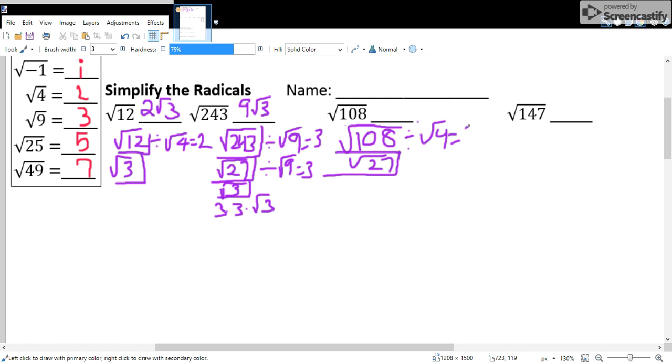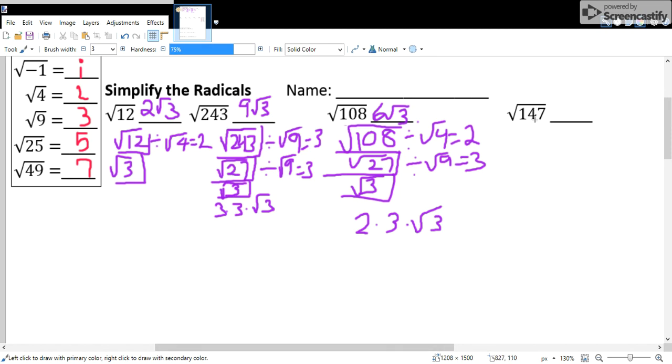And we know from the previous example that we could divide 9 by that one. 27 divided by 9 is 3. And 3 is just left over. 3 can't divide by any of these. So we have 2 times 3 times the square root of 3. That equals 6 radical 3. And that is our answer.